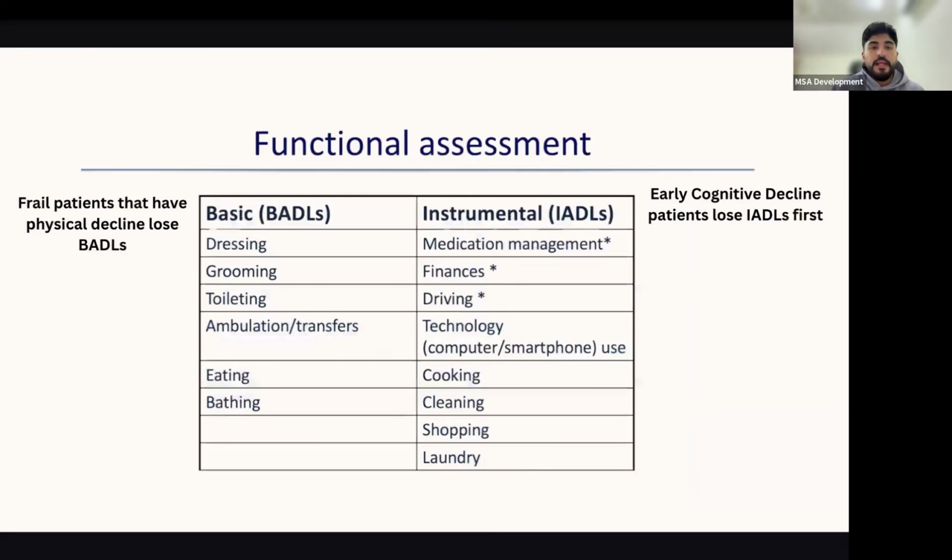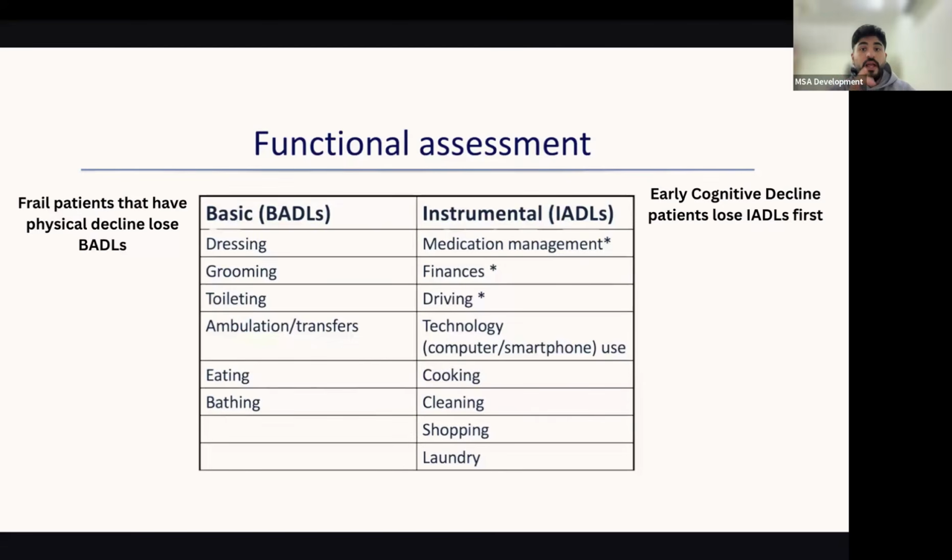For functional assessment, when we're assessing functionality, there are two ways we assess. We have the basic life needs, the bare minimum things that you need to know to survive life. Those are the basic ones, like dressing, grooming, using the toilet, transferring, eating, bathing. These are all basics. If a patient starts to have a physical decline, they will lose their basics, the BADLs.